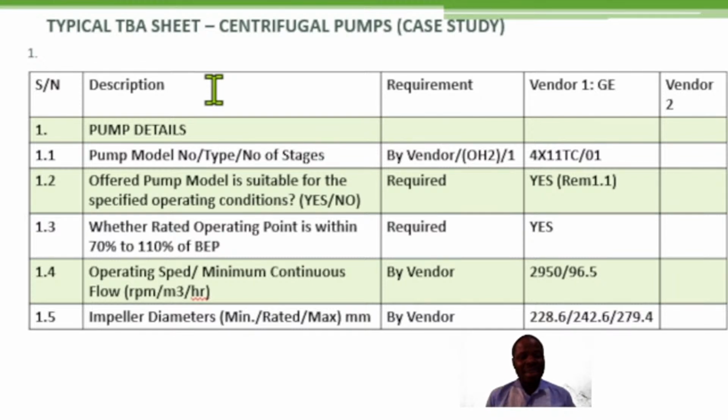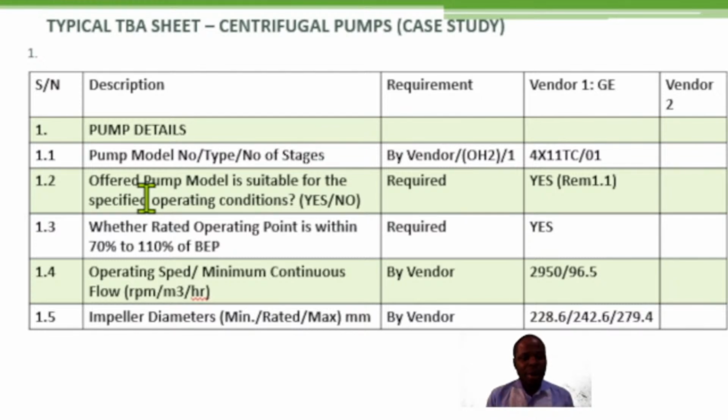You are going to look at the type of the equipment. There are different types of centrifugal pumps, basic designs as specified in API 610. Now, what is the number of stages? So you will list for each vendor. Vendor 1, for example, you have GE. Then vendor 2, say you have Flowserve, as in the case of centrifugal pump. And if you have vendor 3, you have vendor 4.